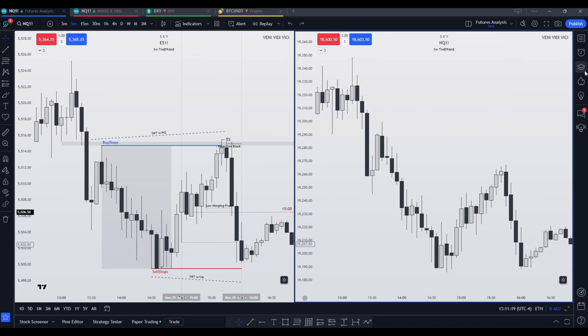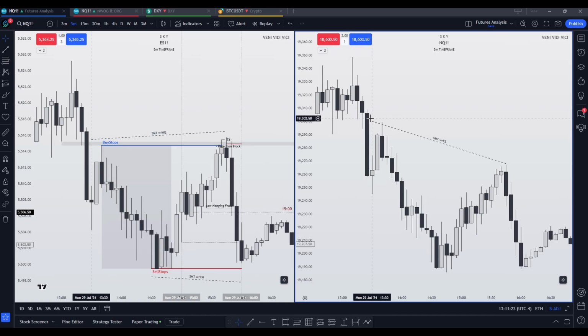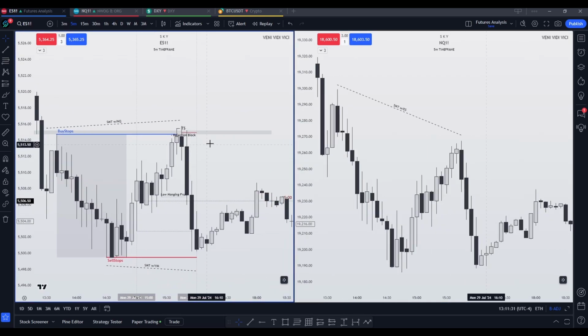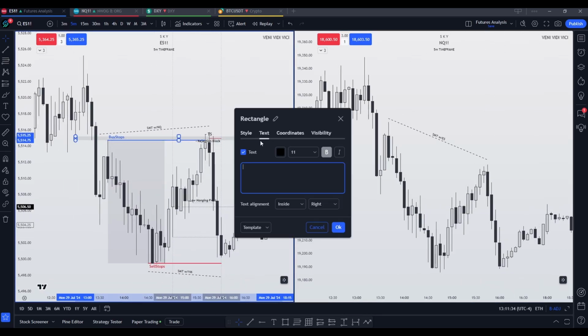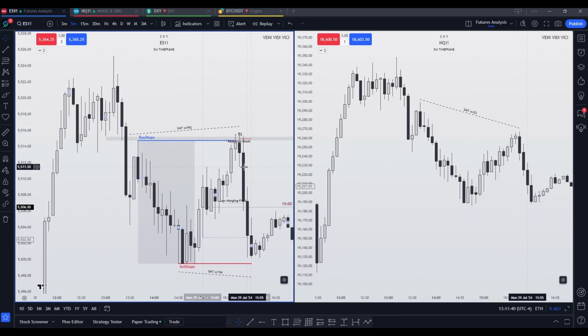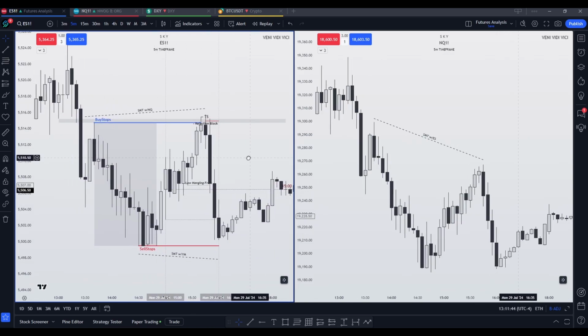We already have our SMT. We have this SMT, so we have our first condition set. We have our higher time frame key level, which is this box, a 15-minute fair value gap. So we already have our two things aligned.